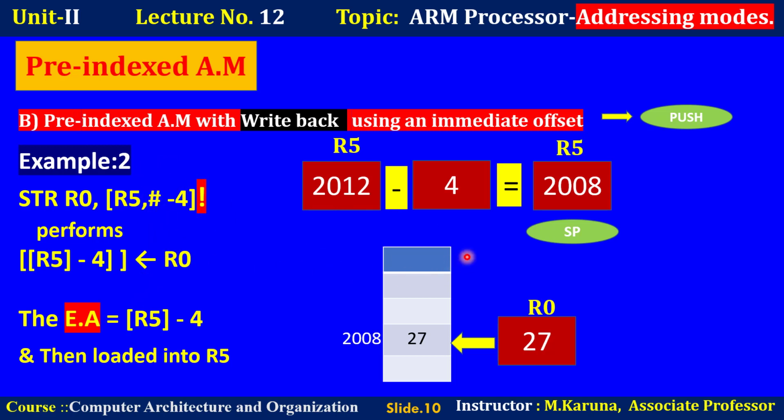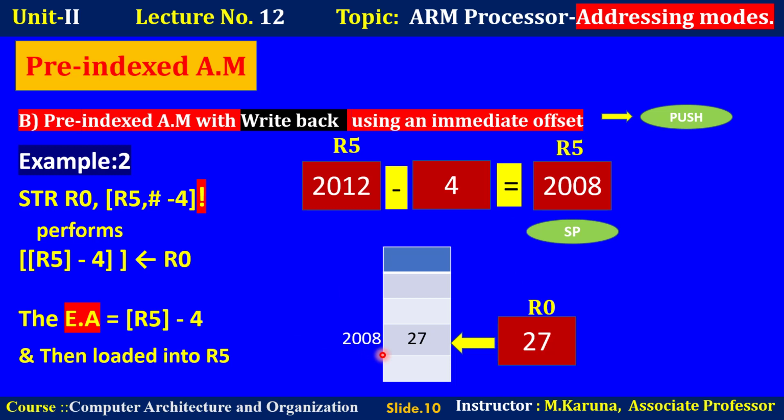Okay, so these operations are similar to stack operations. We have already discussed stack. In case of push operation, every time we subtract 4 from the stack pointer. Now R5 acts as a stack pointer, or we can say it stores the top of the stack.